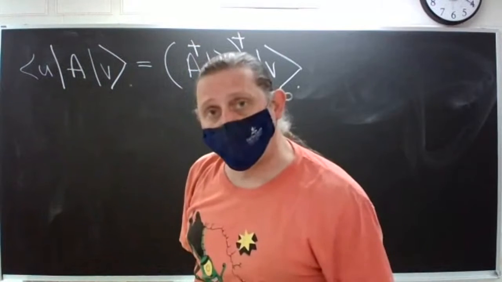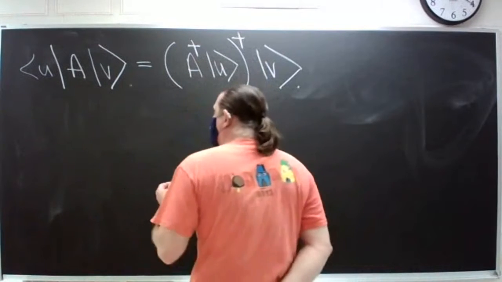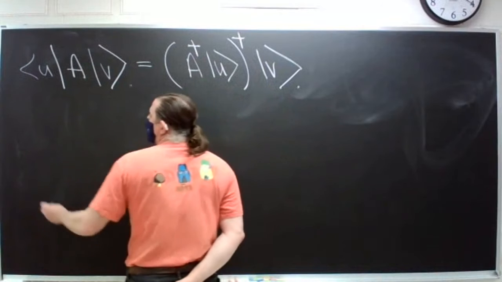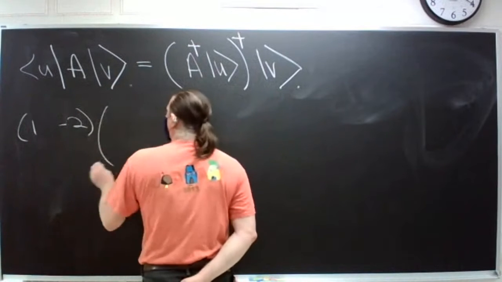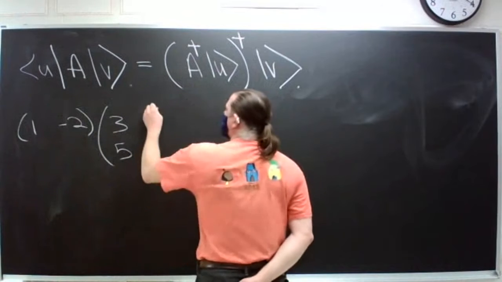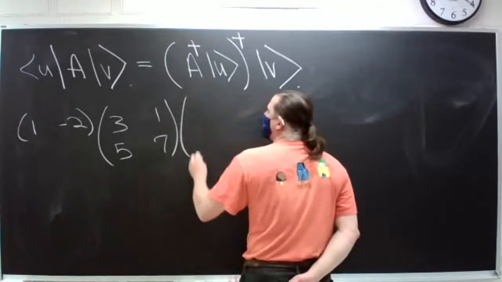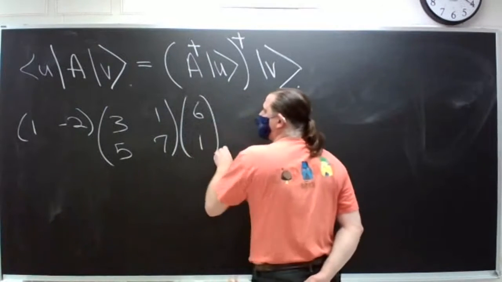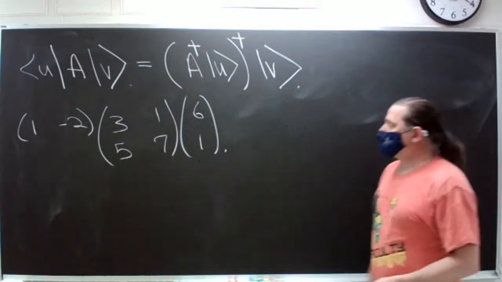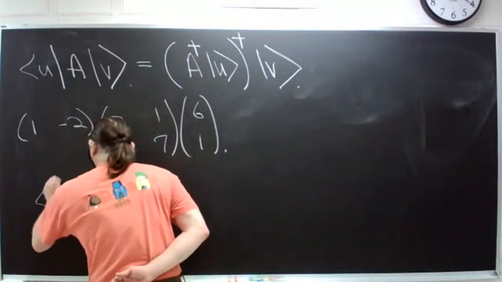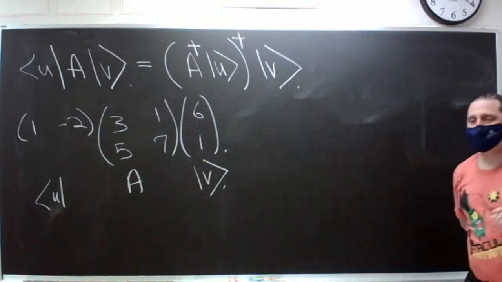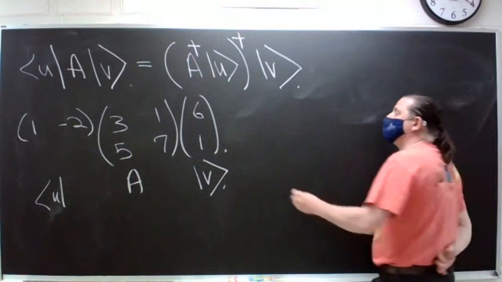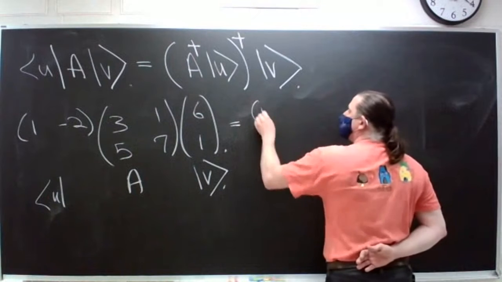So let's do an example with the standard inner product. I'm just going to make something up. So this would be my U, my A, my V. So what we got?